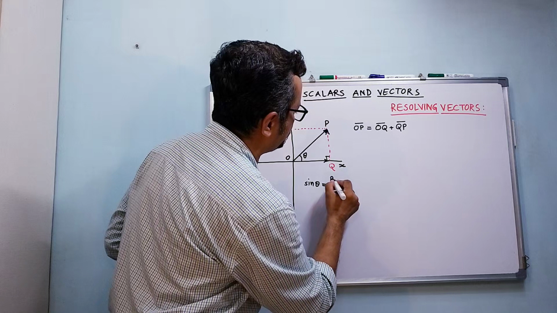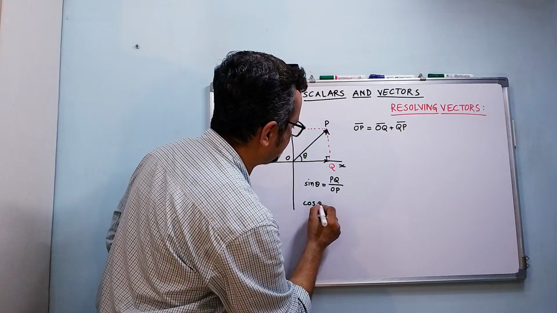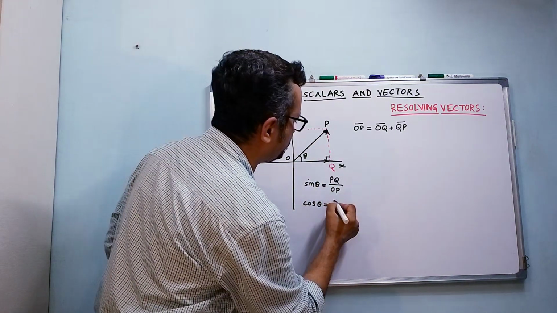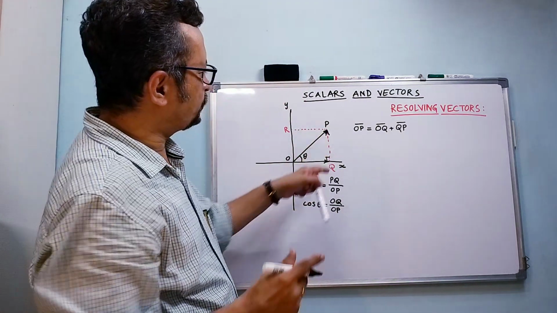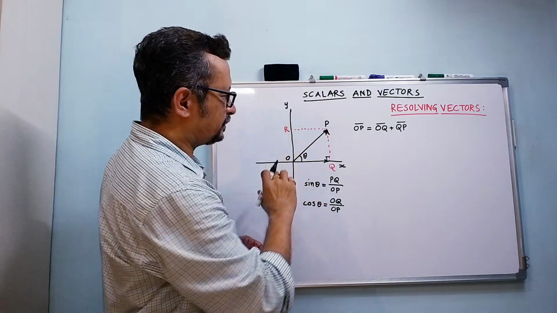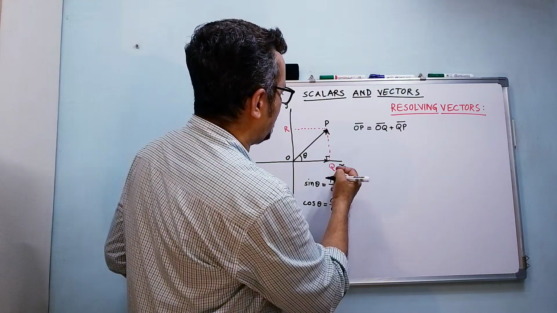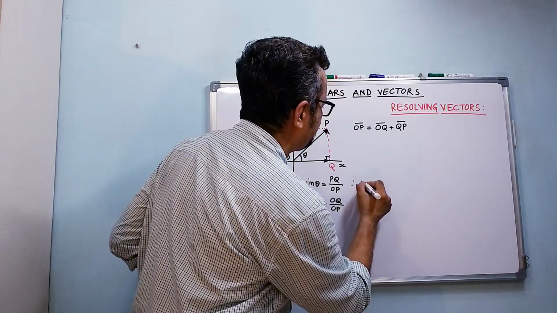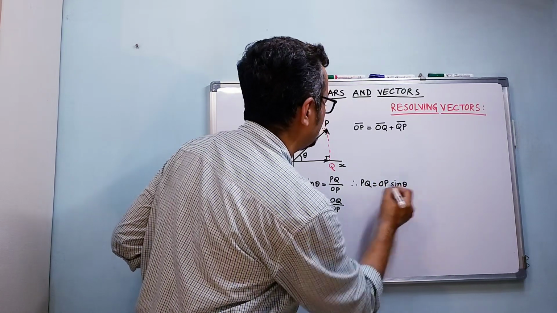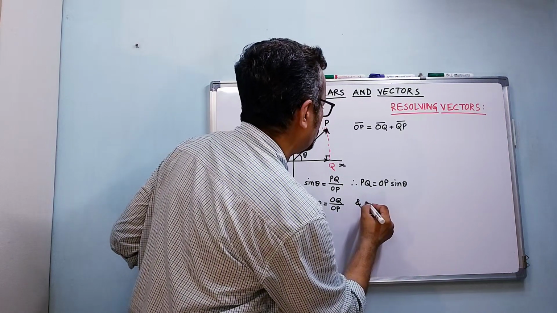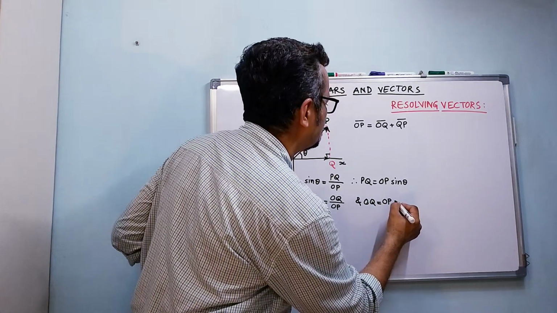So that would be PQ upon OP, and cos theta is equal to OQ upon OP. Now what is my PQ? My PQ is nothing but this OR, correct? Therefore PQ is equal to OP sine theta and OQ is equal to OP cos theta.